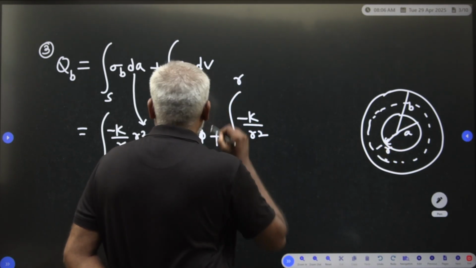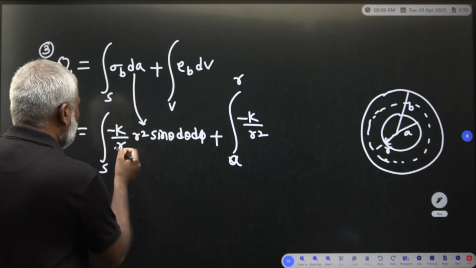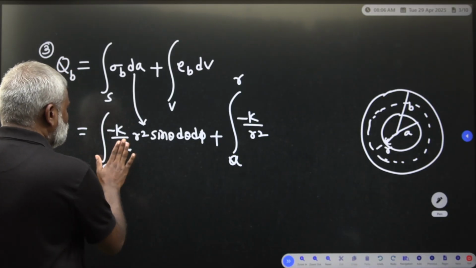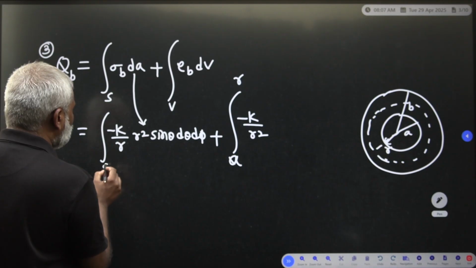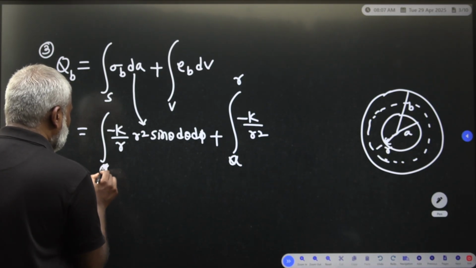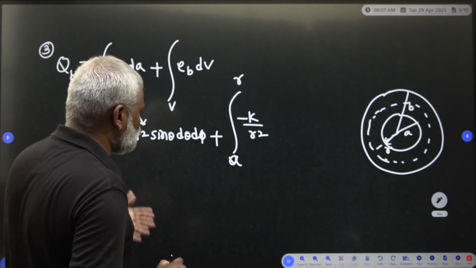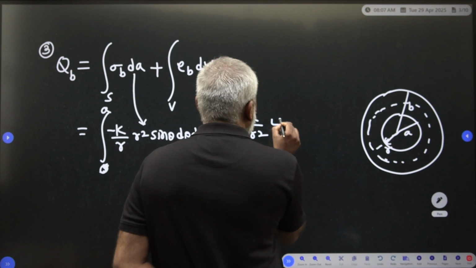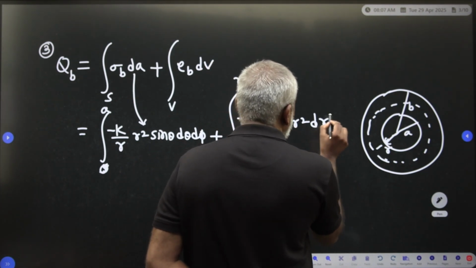Otherwise, with r square, your limit is 0 to a. So therefore minus k by r square, and the volume element is 4 pi r square into dr.